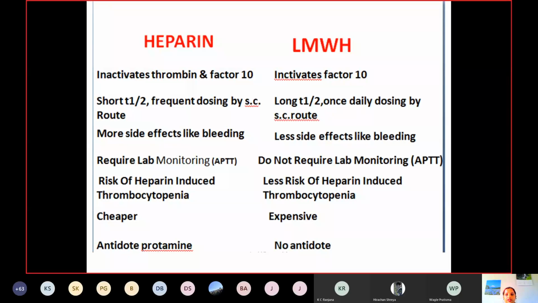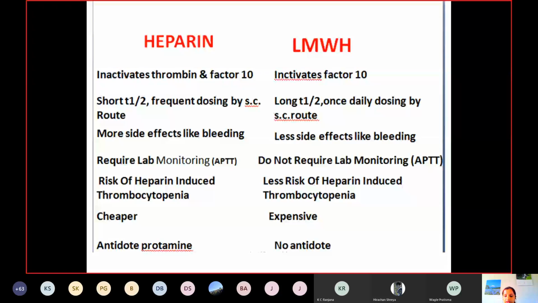During and after coronary bypass surgery, after coronary angioplasty, and while the patient is undergoing dialysis, you can give anticoagulants to prevent the clotting in the cannula, the catheter. So these are some of the useful clinical indications of heparin and low molecular weight heparin also. Almost similar clinical indications.